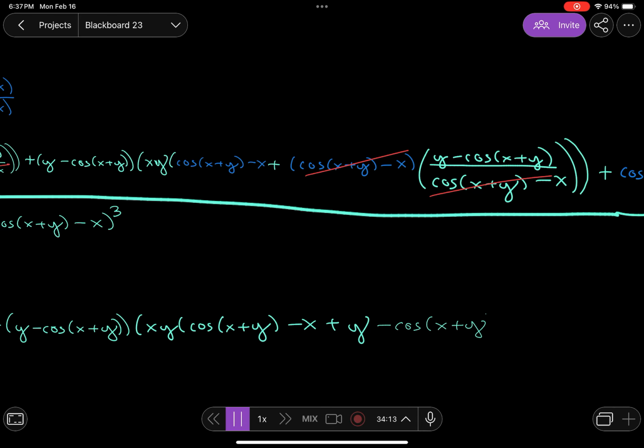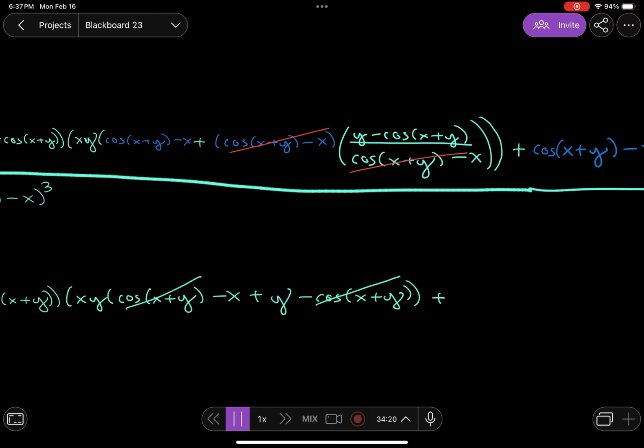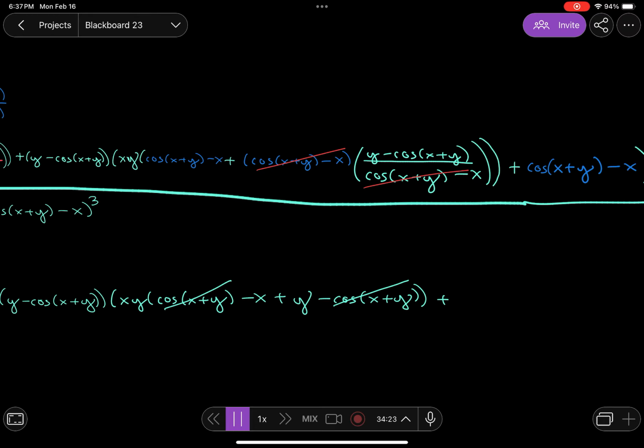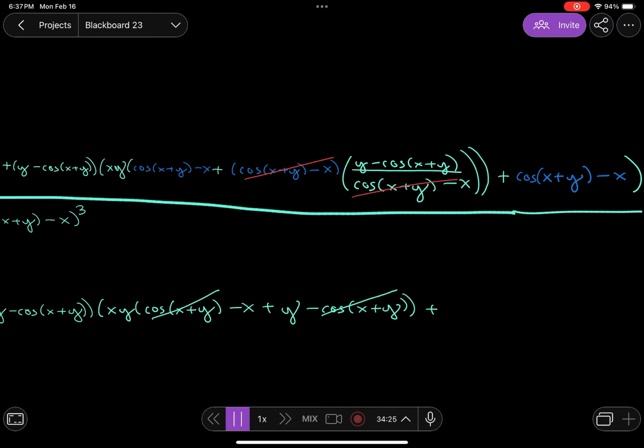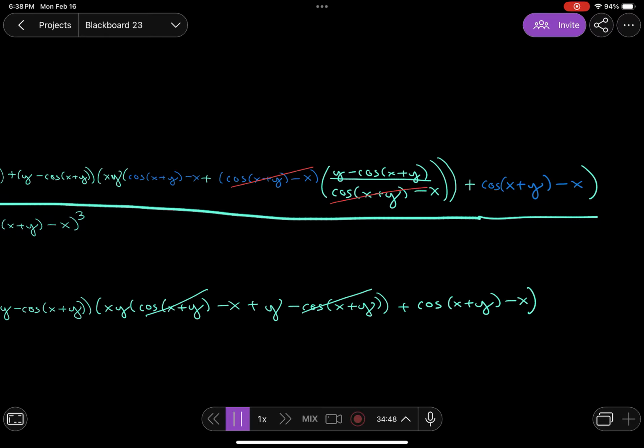And that is all in that thing. These guys cancel. That's really nice. But then I have this plus the cosine of x plus y minus x, close parentheses. That close parentheses closes this one, right? Yeah. Okay. Where'd it go? Okay.